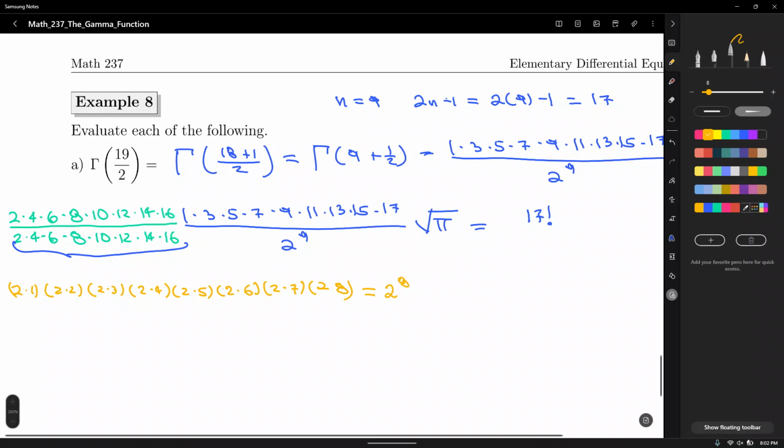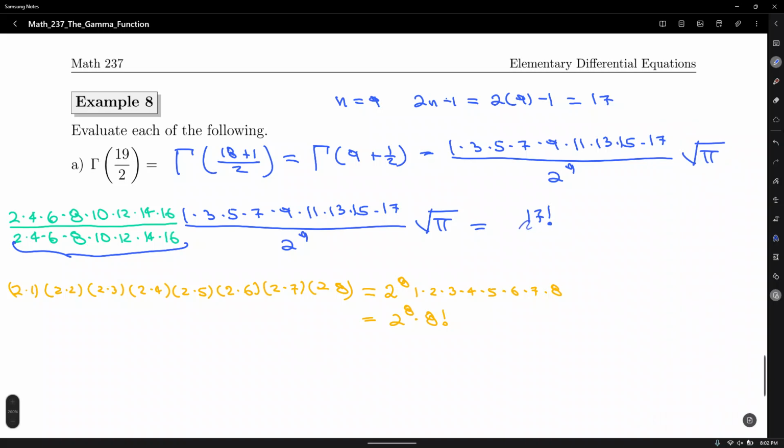And we are left with the numbers 1 times 2 times 3 times 4 times 5 times 6 times 7 times 8. Isn't that 8 factorial? So that is 2 to the 8 times 8 factorial.